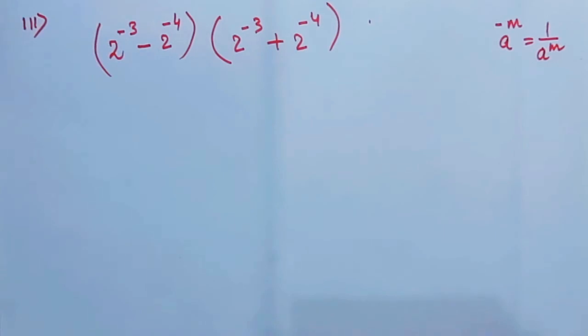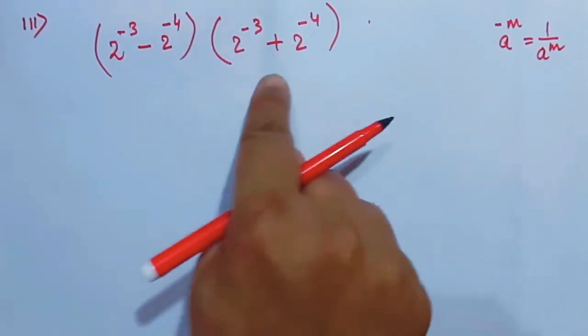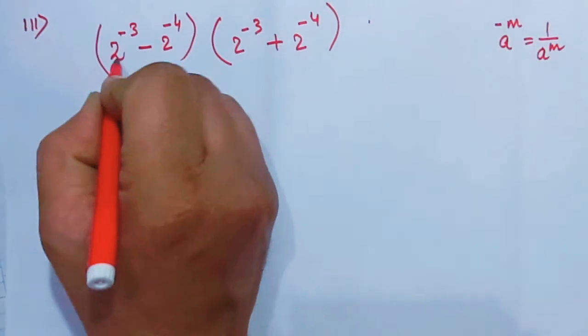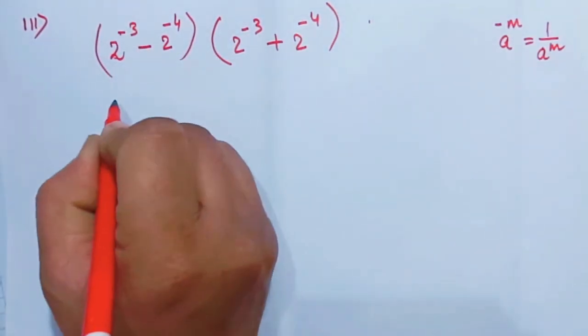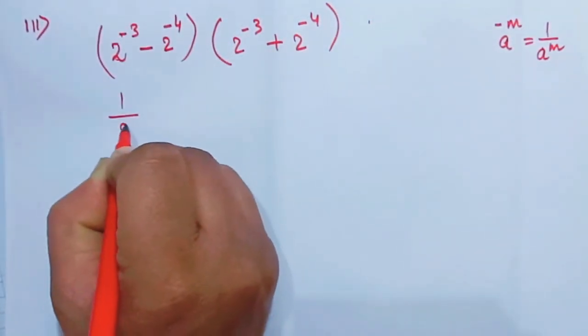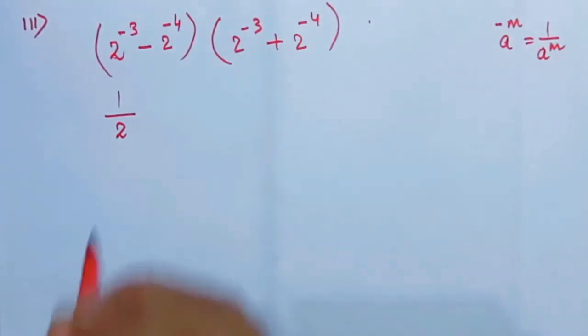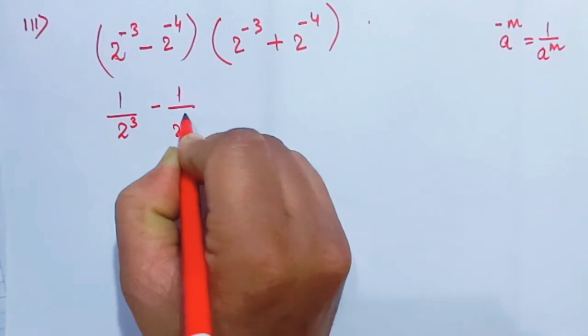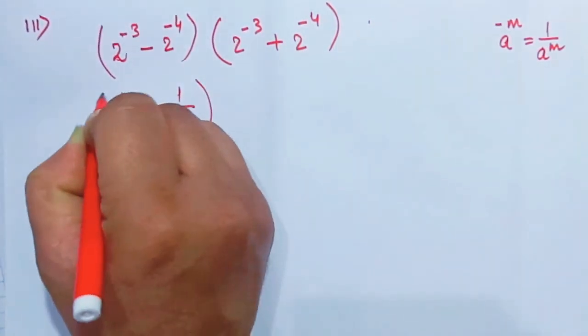These are the rules of exponent. In the next video, I shall give you only the rules. However, for each and everything, I am telling you how to go through it. 2 to the power minus 3 will be equal to 1 by 2 to the power 3, minus 1 by 2 to the power 4. Okay, fine.